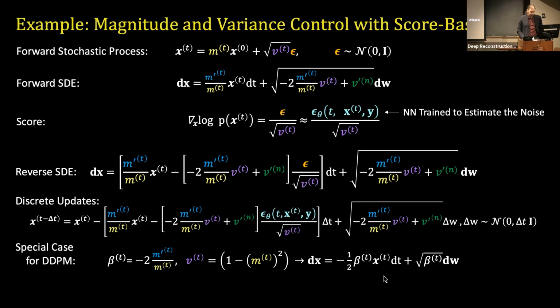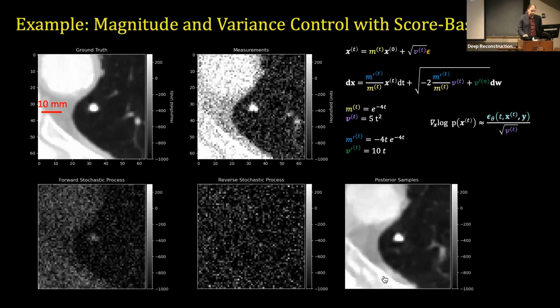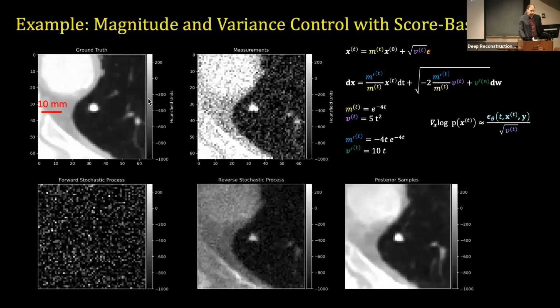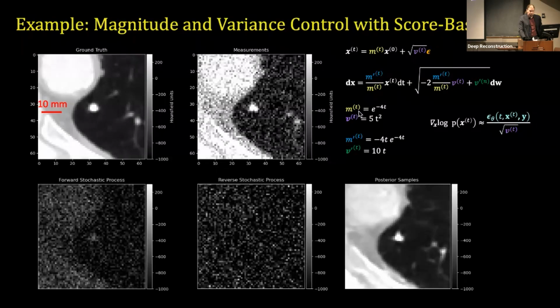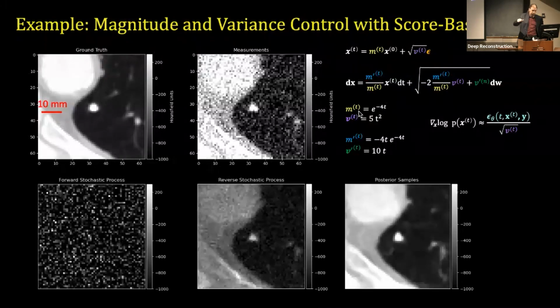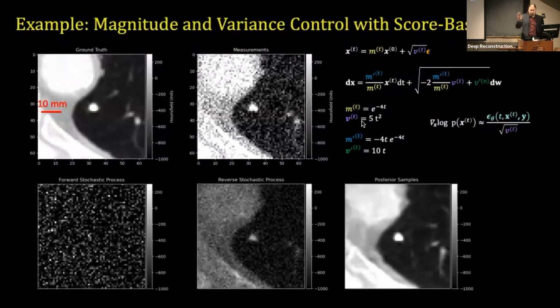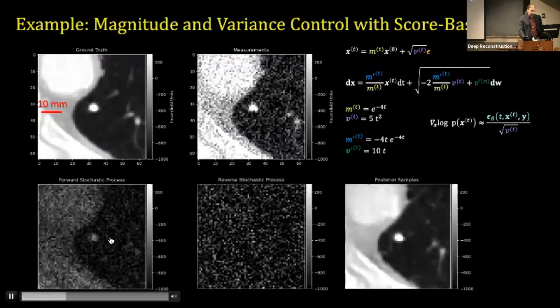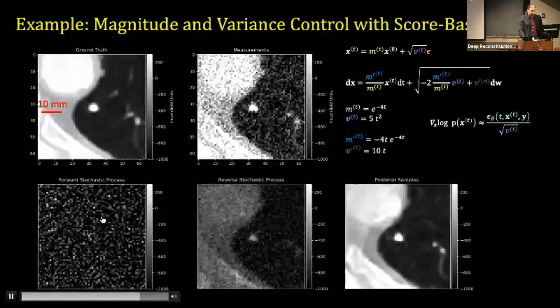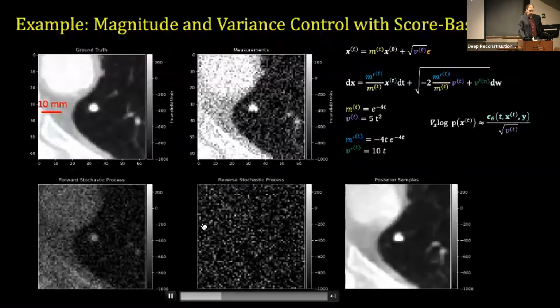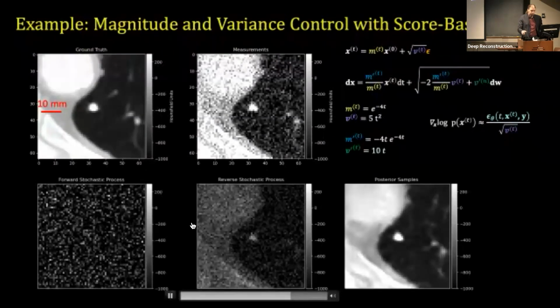So just to illustrate what this looks like, let me start with this ground truth and define this fading term as a decaying exponential. The noise is coming up quadratically. You can see that forward stochastic process here. Equivalently, you can start with noise and run the reverse stochastic process.